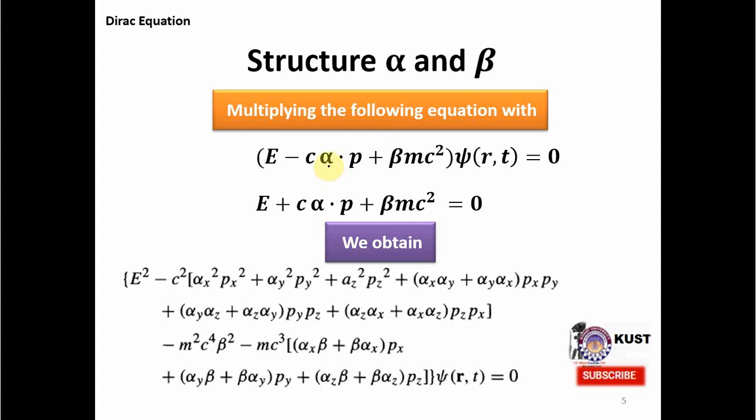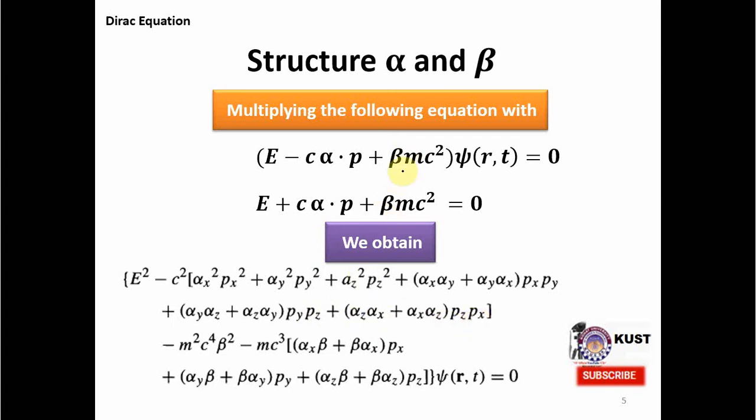So first alpha x multiplied with alpha x, alpha y with alpha y, alpha z with alpha z, but now alpha x with alpha y. In this term you can see alpha x with alpha y and alpha y with alpha x, and since both involve px and py, it is taken common. And then similarly the y and z term over here, with py, pz taken common, and again similarly the z and x term with pz and px common.